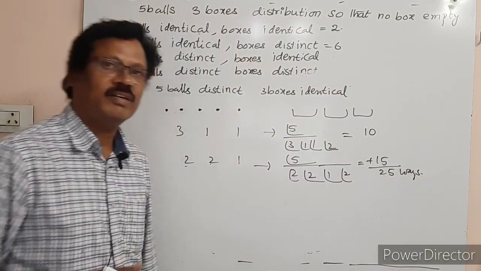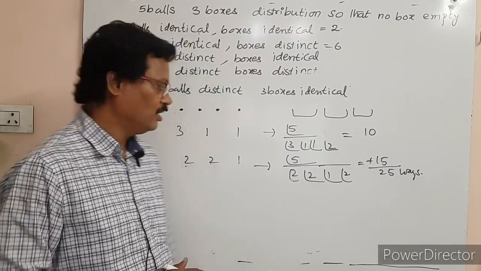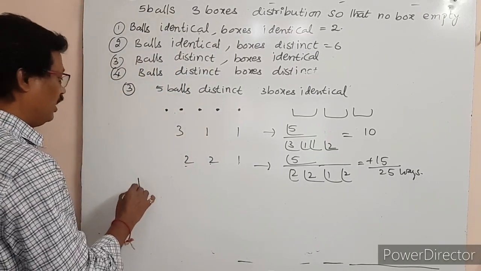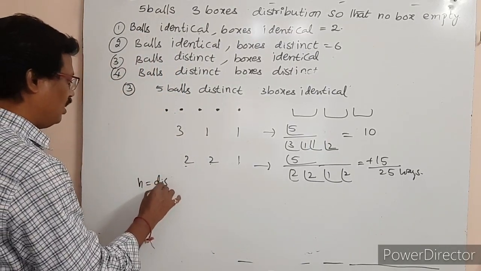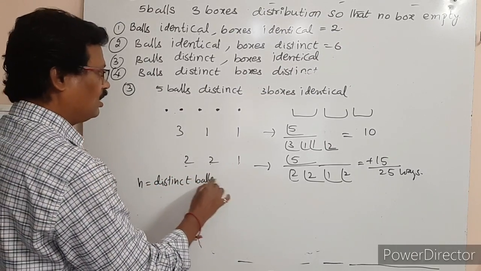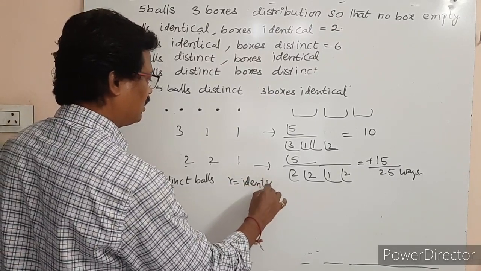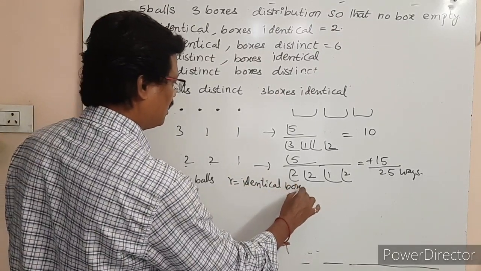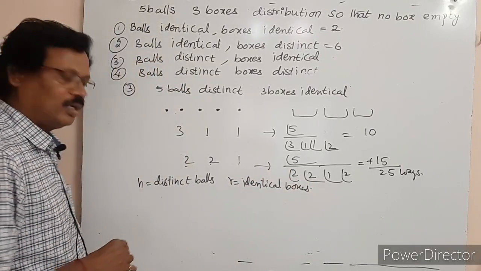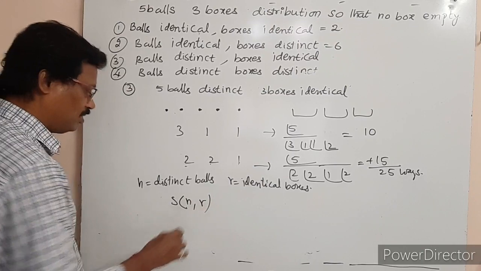And there is another formula, that is the Stirling formula of second kind. Now there are n distinct balls and r identical boxes. Now that is the Stirling formula S(n,r).